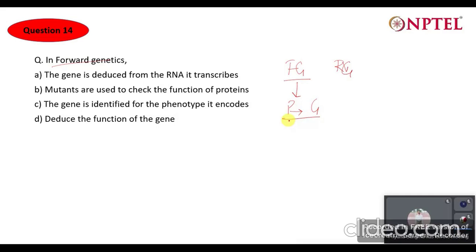What the phenotype suggests and what codes this phenotype, we study in forward genetics, while it's vice versa in the case of reverse genetics. So we first identify the gene, then we study its functions. The option says the gene is deduced from the RNA it transcribes. This can be a correct option, but not in a full sense.